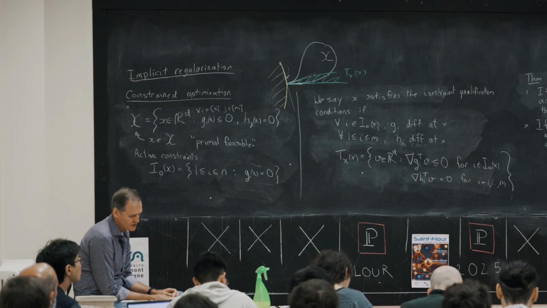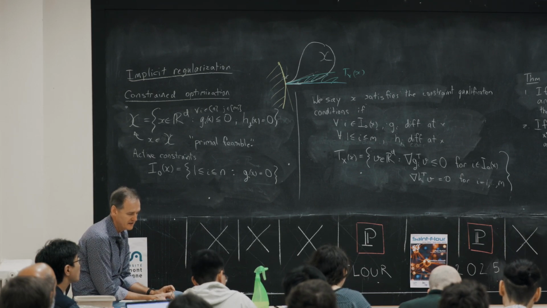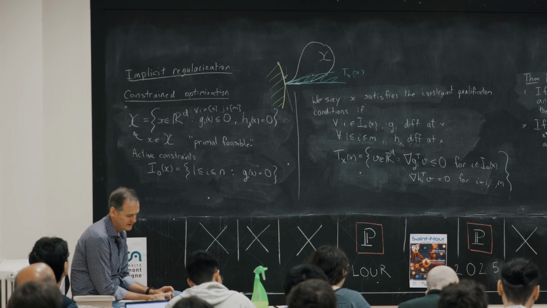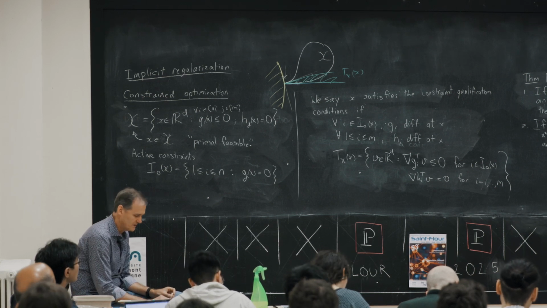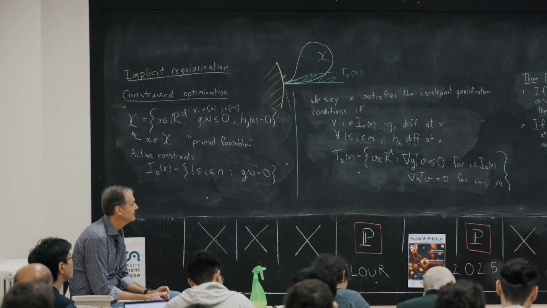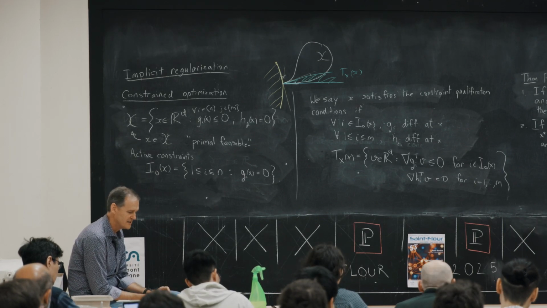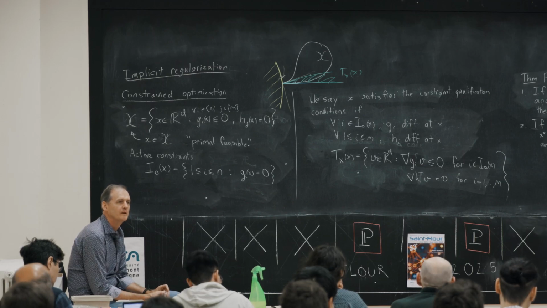But these are just first order conditions, so it's important to realize they're necessary, but certainly not sufficient even for local optimality, because we're really just talking about a stationary point. It doesn't need to be a local minimum.